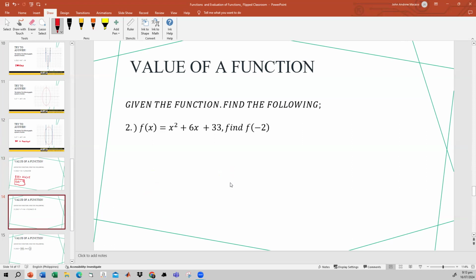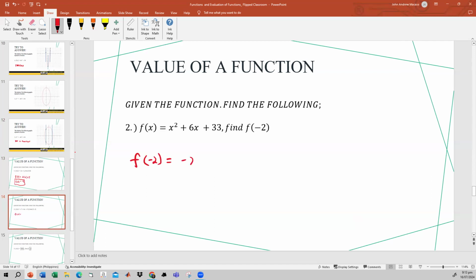Okay, next. Given the function, find the following. We're asked to find f of negative 2, given the function x squared plus 6x plus 33. Same as the first example, you just need to replace the variable x by negative 2.